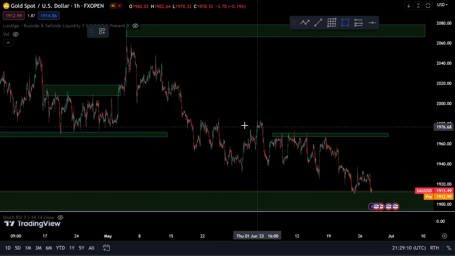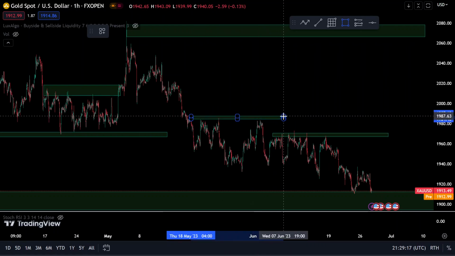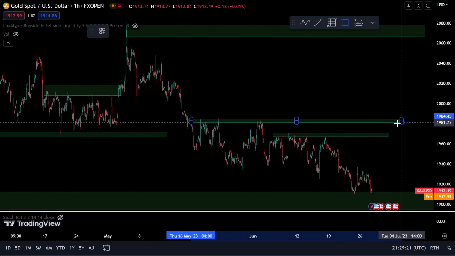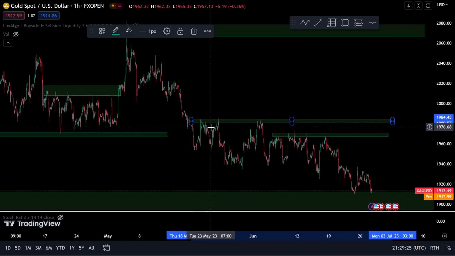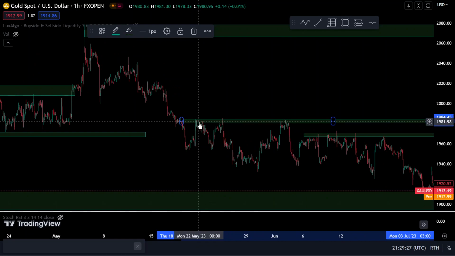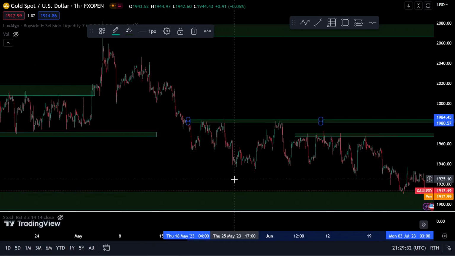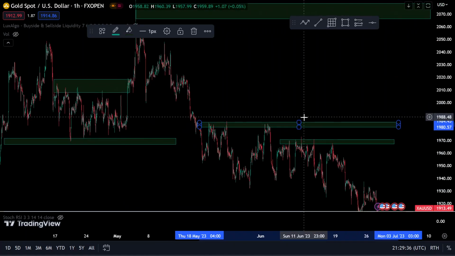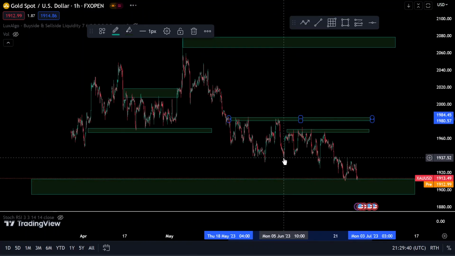And here as well, we can find significant resistance, as price was having a hard time to break, as buyers couldn't push the market up. So a lot of support and resistance.